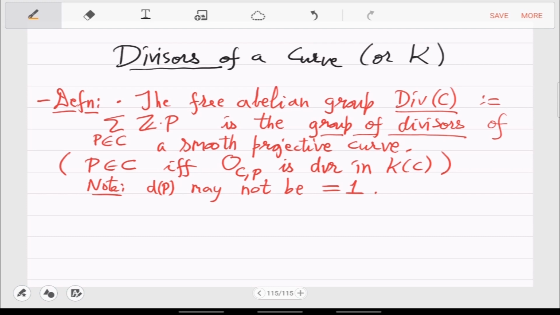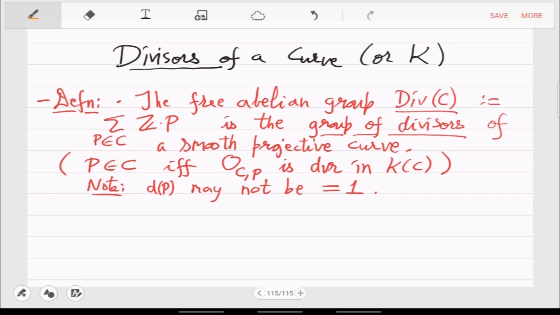So you go over the points in the curve or the DVRs in the function field, and you are allowed to take any combination. The only way two combinations will be equal is if they are equal for every coordinate. That's the only content here.